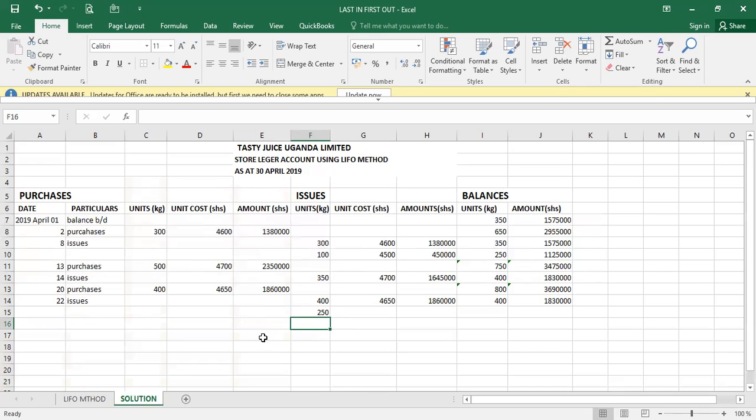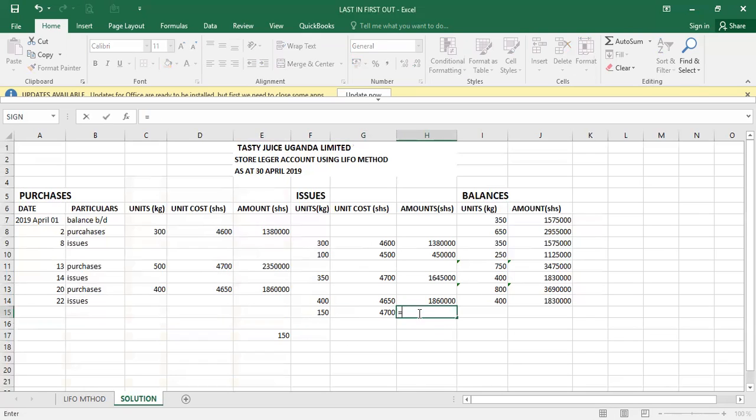It means if we say the 500 units minus the 350 we gave out already from that stock, we remained with 150. It means we are going to first give out that 150. This one we can remove. We put 150. So this 150 is the one we are going to first issue out, but we are issuing it out at 4,700.